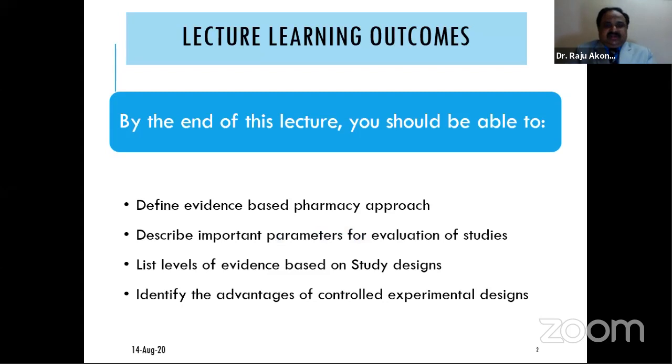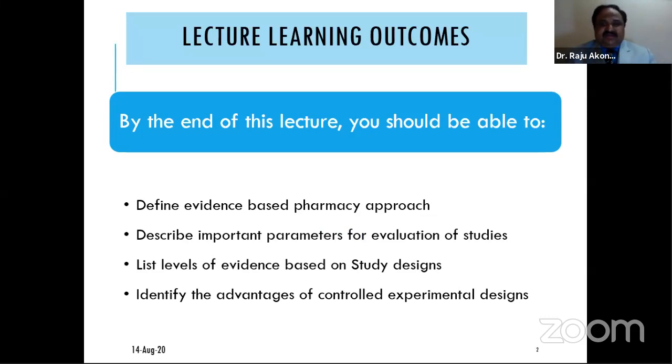The learning outcomes of today's lecture: at the end of this session, the students will be able to define the evidence-based pharmacy approach, and describe important parameters for evaluation of clinical studies. Then list the levels of evidence based on study designs.